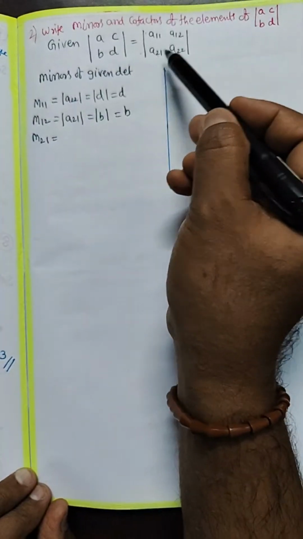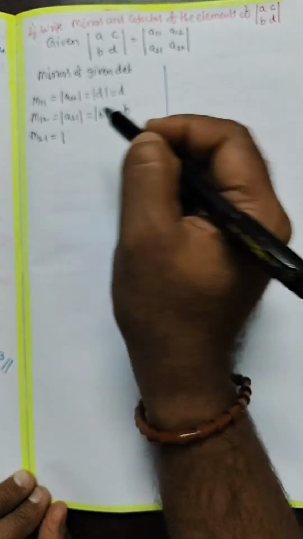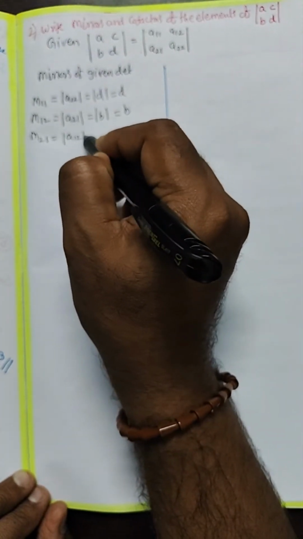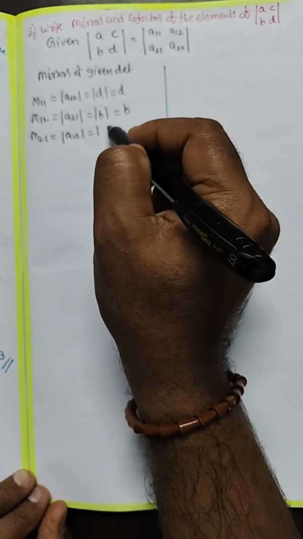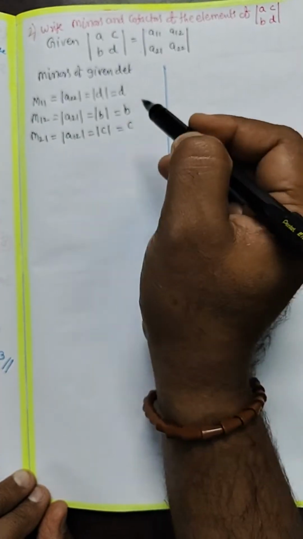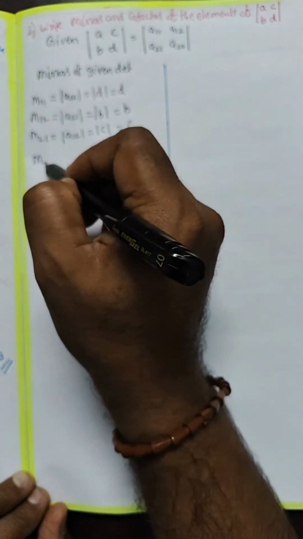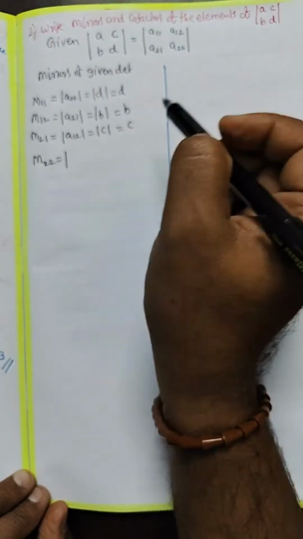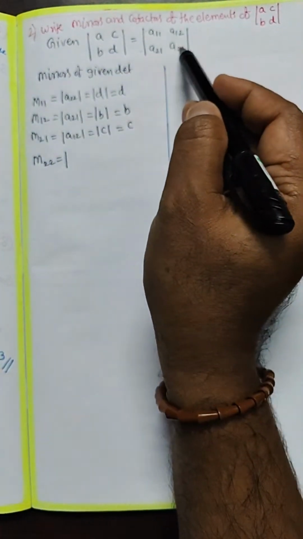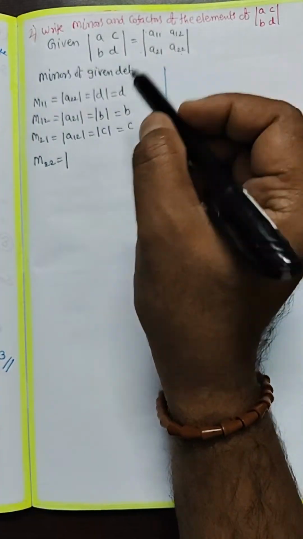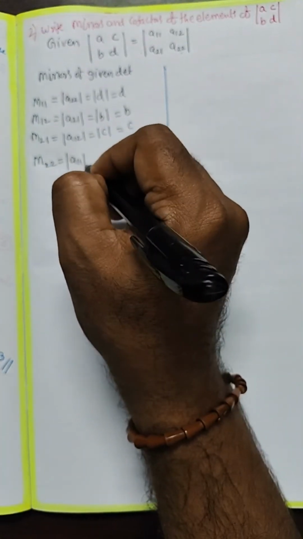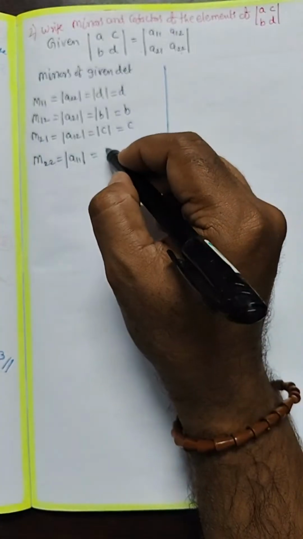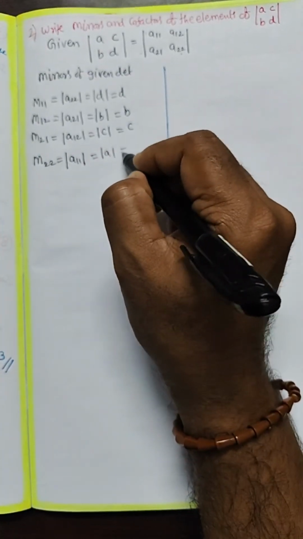So determinant of A12. What is the A12 position? A12 position is C. So determinant C is equal to C. Next M22, second row, second column element. If you eliminate this row and this column, A11 will be remaining. Determinant of A11, and A11 is A. Determinant A is equal to A.